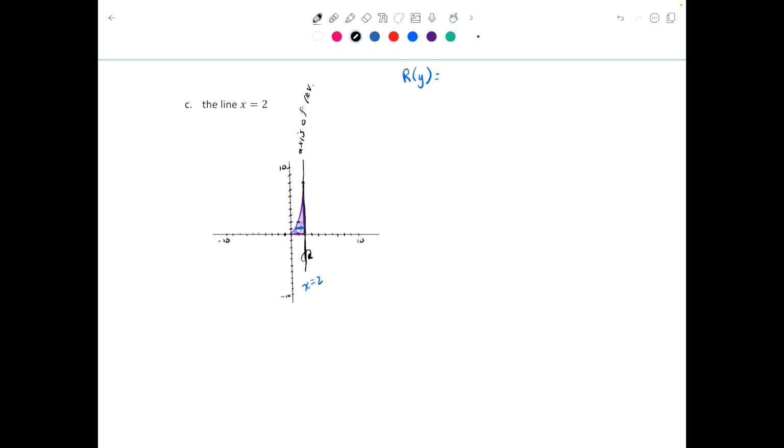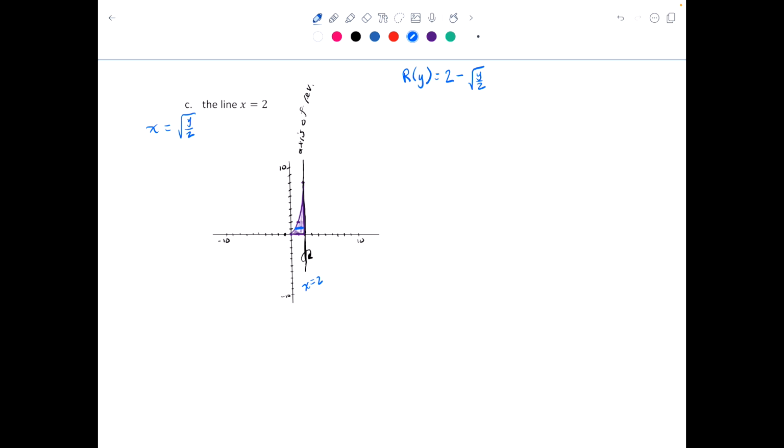And so a function of y, in equation form, would be an x equals. So that's the rightmost. And then the leftmost, remember how we solved for x and we got the square root of y over 2, right? So that was our leftmost function. And so we'll subtract the square root of y over 2. So this one, a little bit on the mean side maybe, but doable, right?